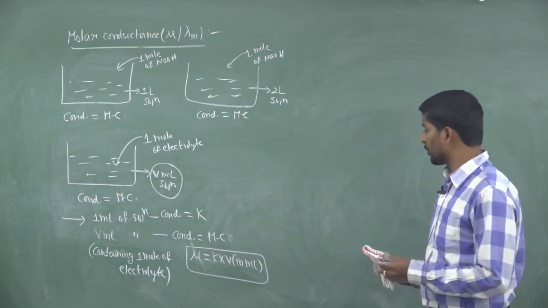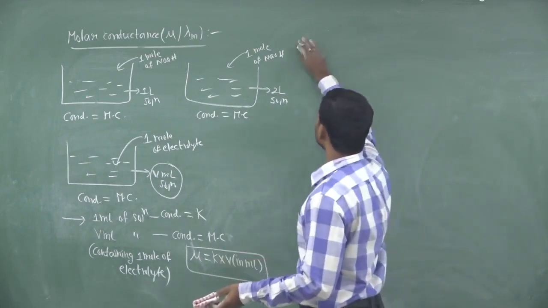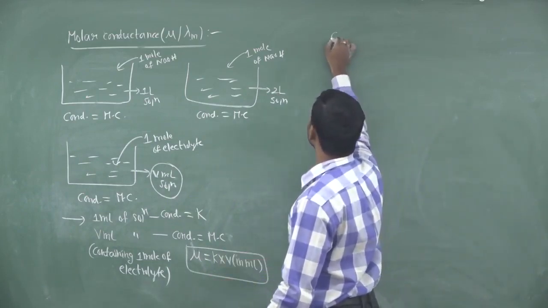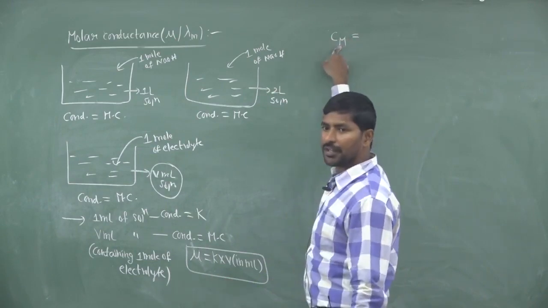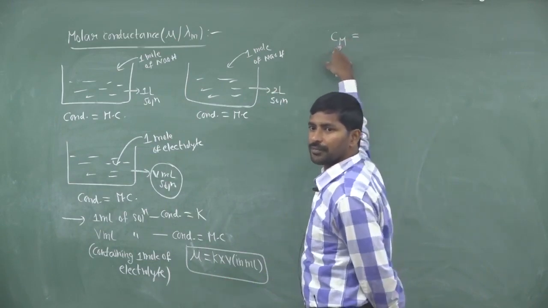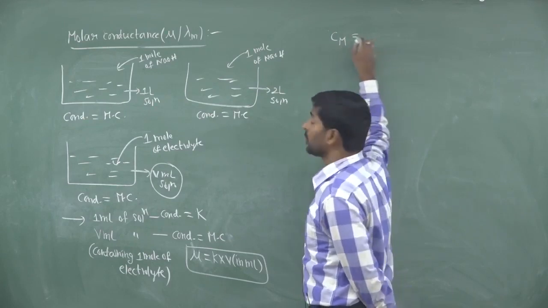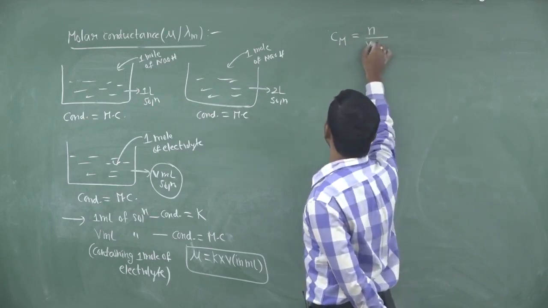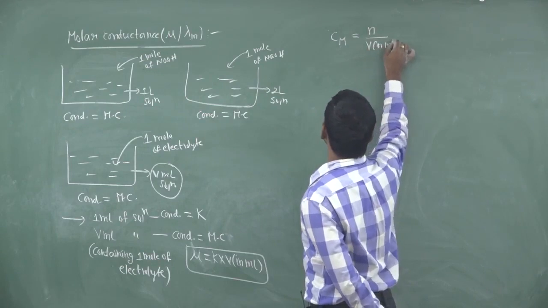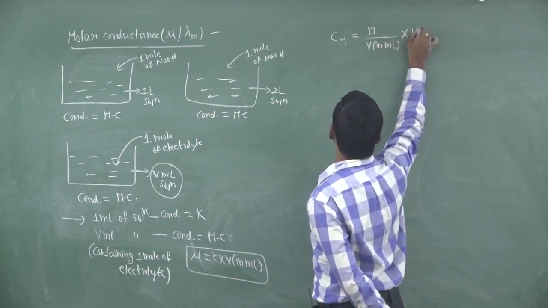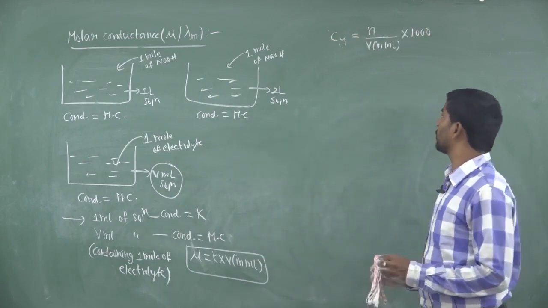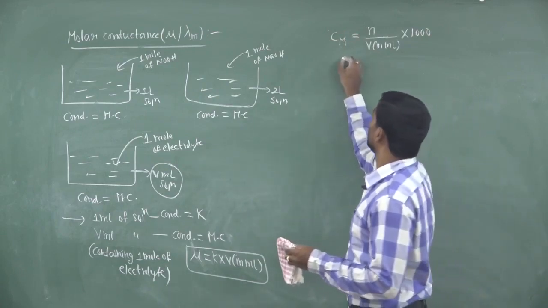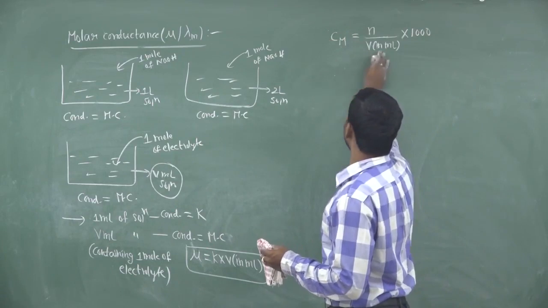We can write it like this also. The expression for concentration in molarity, Cm, is number of moles divided by volume in ml, into 1000.